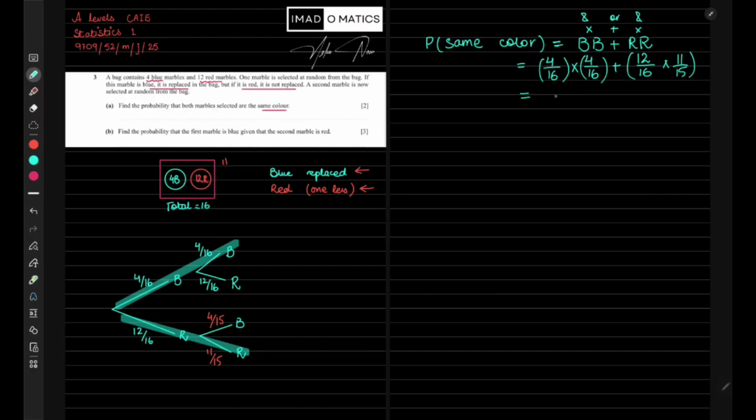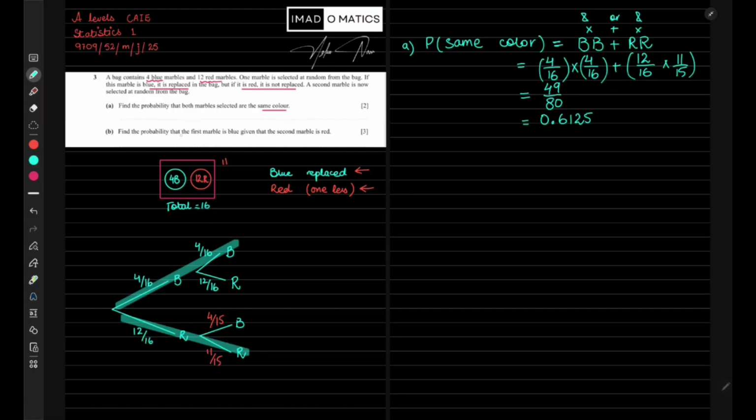Because we don't have a common denominator, we would have to make one, so I will solve it with a calculator. It gives you 49/80 in fractions, and in decimals 0.6125. Okay, so this is about your part A.